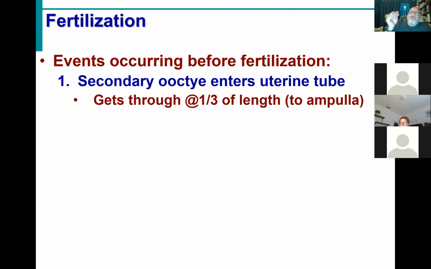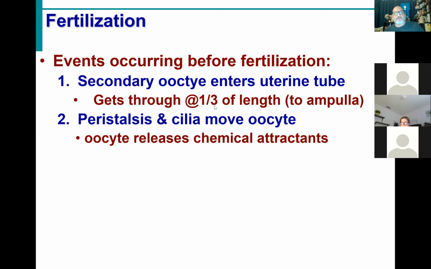Remember, once in the uterine tube, the cilia of those simple columnar cells, that very special epithelial tissue we see in the uterine tube, or what is also known as the oviduct or fallopian tubes, move it about 1/3 of the way down the length to that enlarged region that is the ampulla. Again, it is primarily the cilia and some peristaltic contractions that move it.